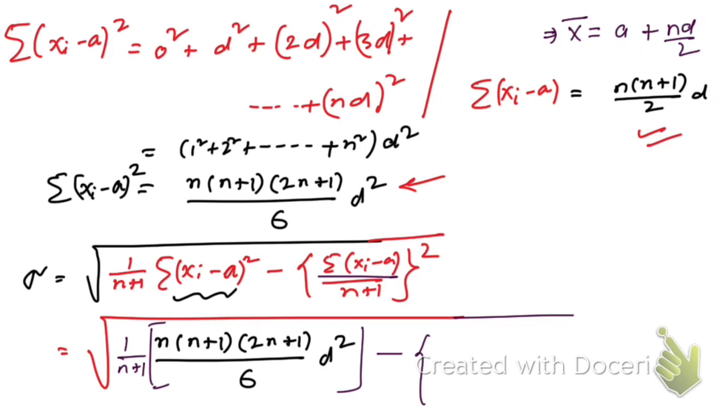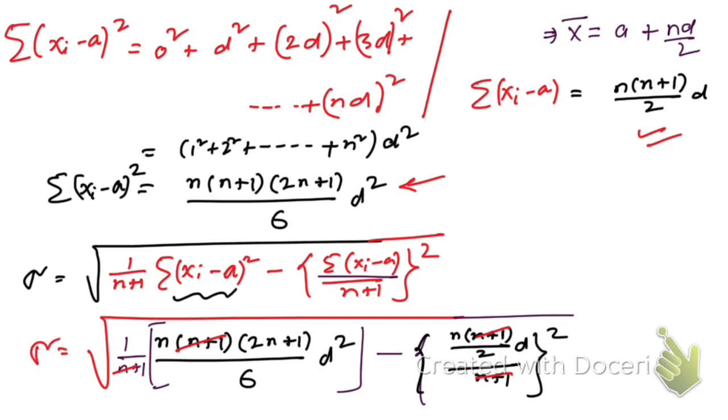Okay, so that is n into n plus 1 divided by 2 into d by again n plus 1 and whole square. That's what we can have. So here you can see n plus 1 gone, right? This two gone. So now here also this n plus 1 cancels. So this is our standard deviation.